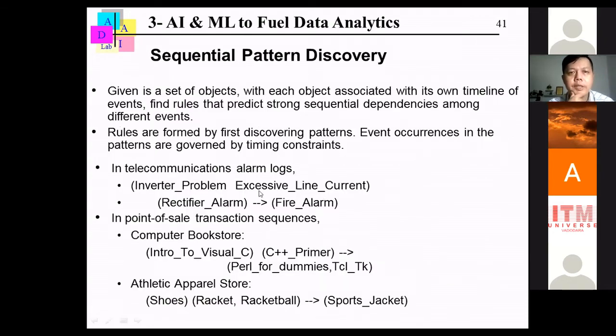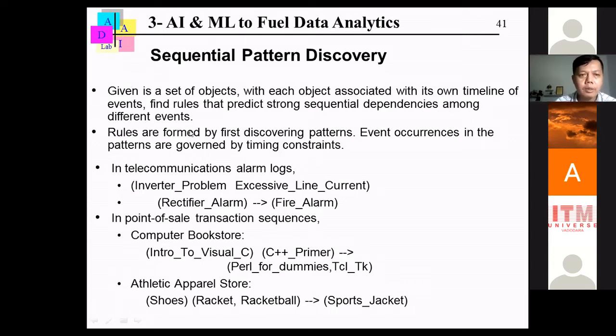How about sequential pattern discovery? Given a set of objects, with each object associated with its own timeline of events, we have to find rules that predict strong sequential dependency among different events.